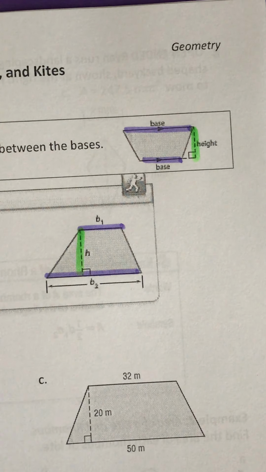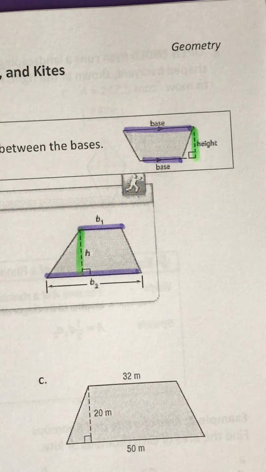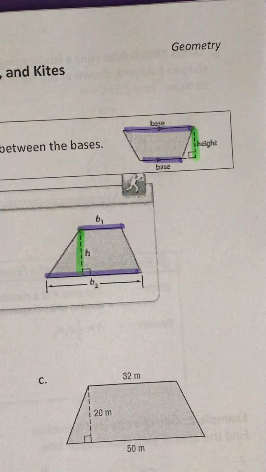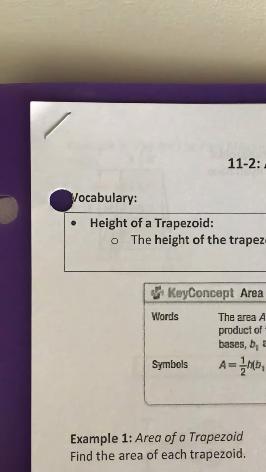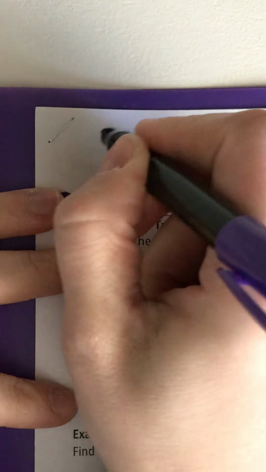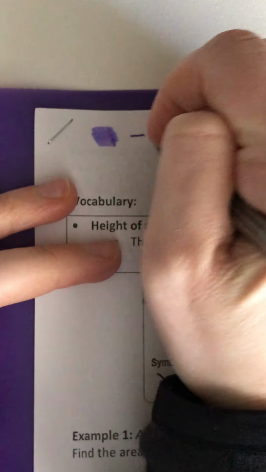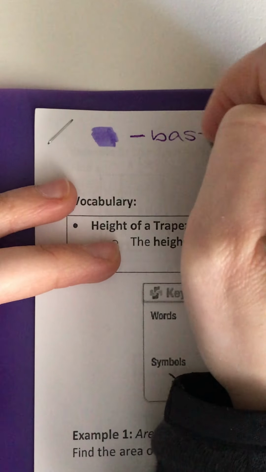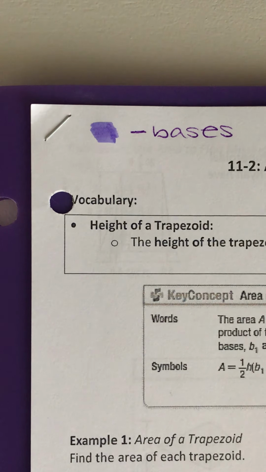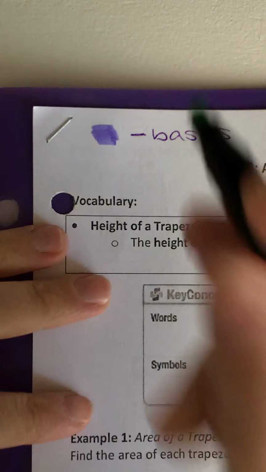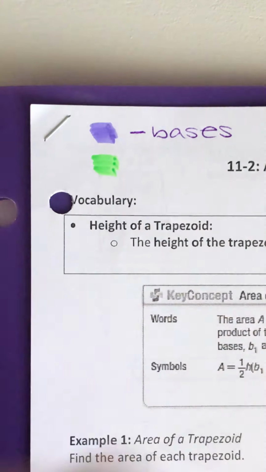I'm going to highlight all of our bases in purple and all of our heights in green. So you want to make note of that. In purple, I'm going to identify our bases. In green, I'm going to identify our height.